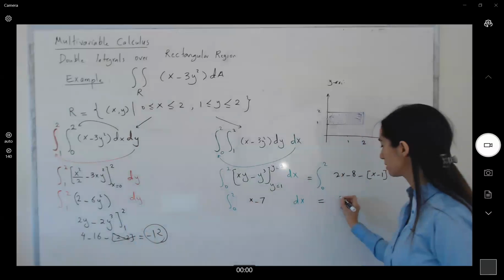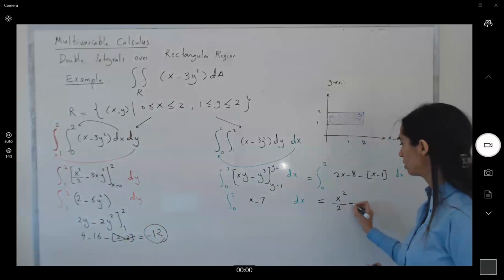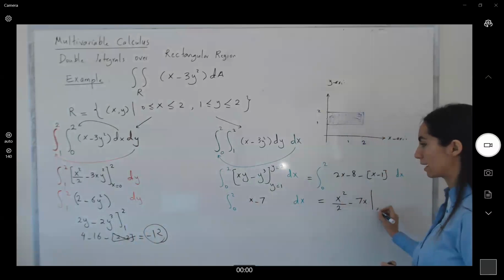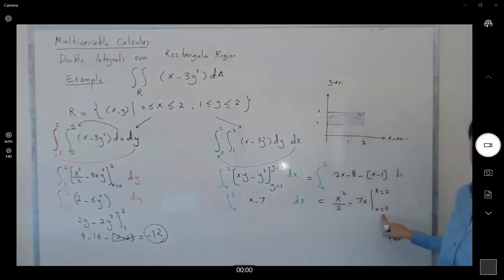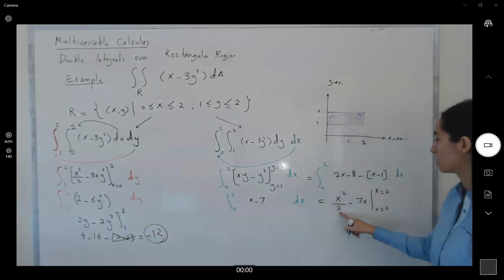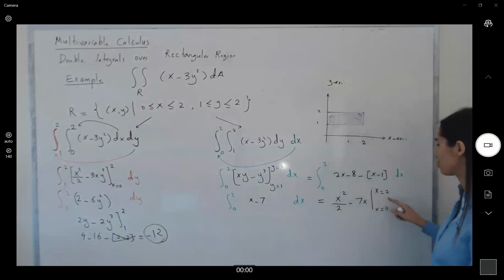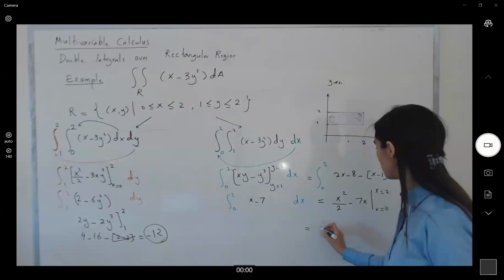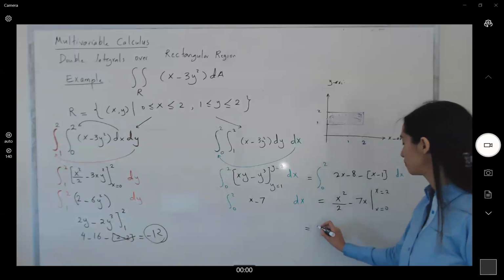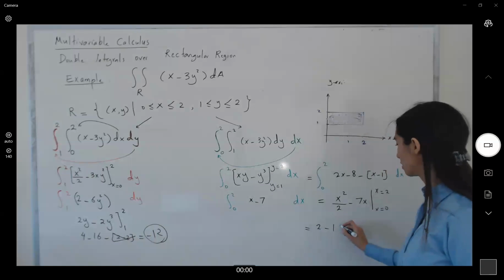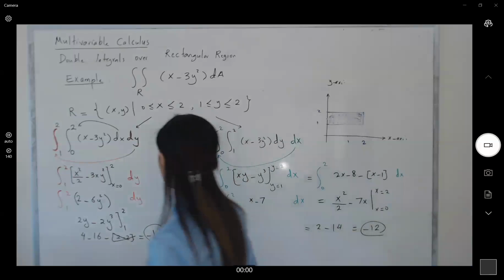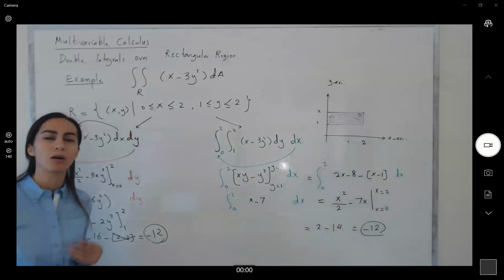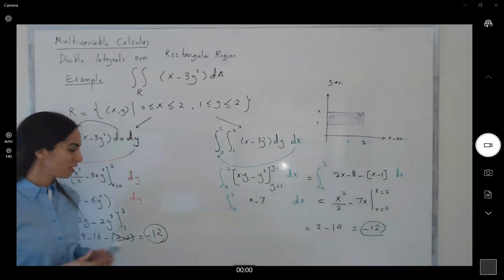This integral is x squared over 2 minus 7x, and x ranges between 0 to 2. Again, I'm not really worried about my 0 because it makes these two terms 0, so we just plug in 2. 4 divided by 2 is 2, minus 14 gives us negative 12. As you can see, you get the exact same outcome, exact same result.